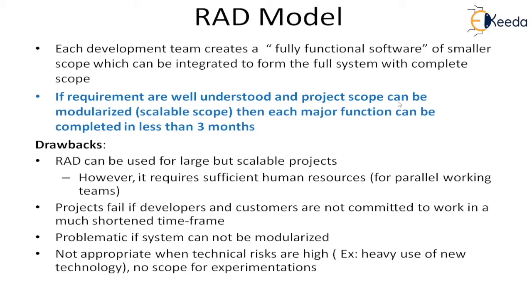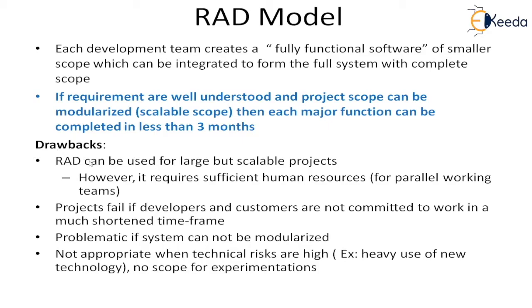If the project scope is not scalable, then we cannot achieve these 3 months. But if it is well understood and it can be scalable, then we can divide the scope into smaller subsystems, and each subsystem we can try to complete in less than 3 months, and therefore we can get speed of development for this software.